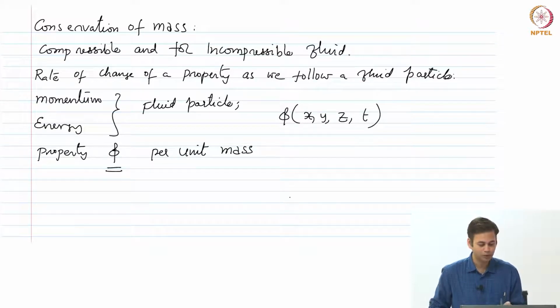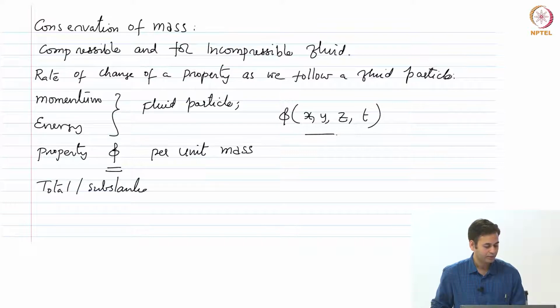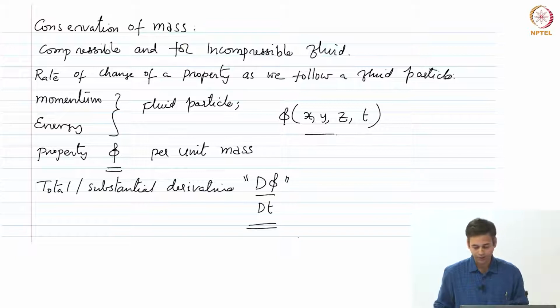So we want to know how this property changes with time as we follow the fluid particle. We want to look at the total or substantial derivative of this property, that is D phi Dt. So we want to calculate what this quantity is.